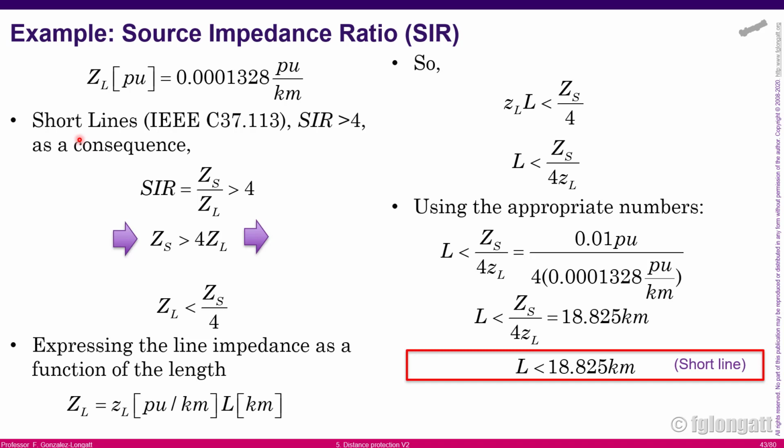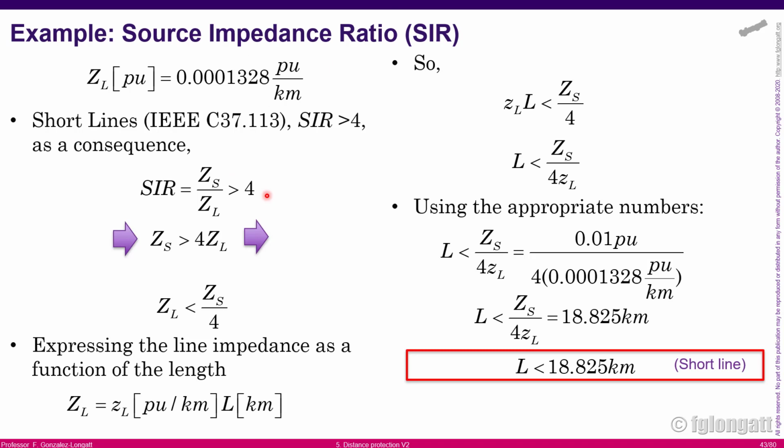We want to identify the difference between short lines and long lines. That difference is defined by the source impedance ratio. For short lines, the source impedance ratio must be above 4.